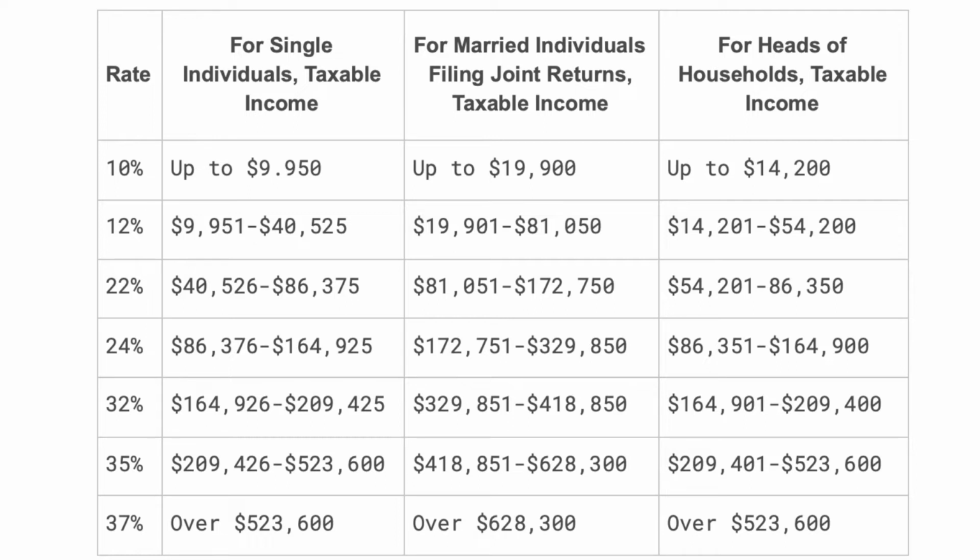This means that you pay 24% only on your income that's above that threshold you see of $86,376. All right, so each chunk of money is taxed at these percentages. So what this means, you guys, even if you fall into the highest tax bracket, you're only paying 37% on the income over these threshold amounts.